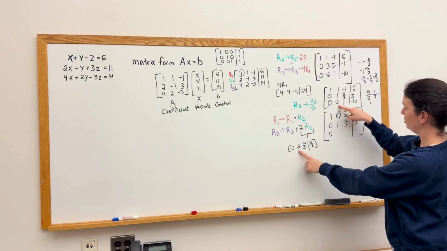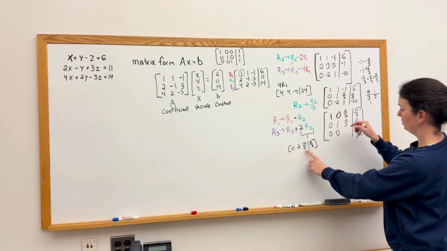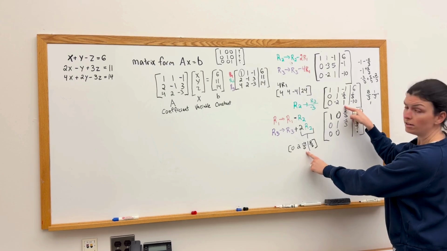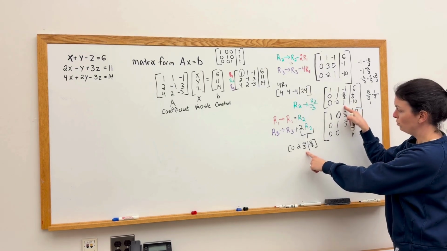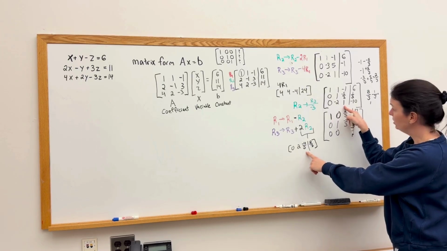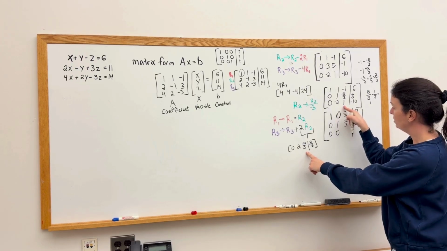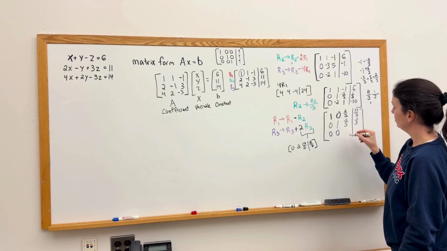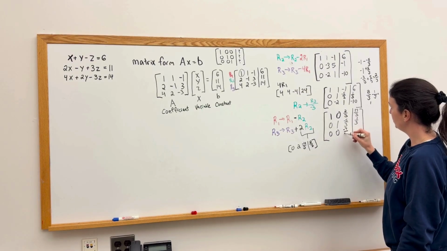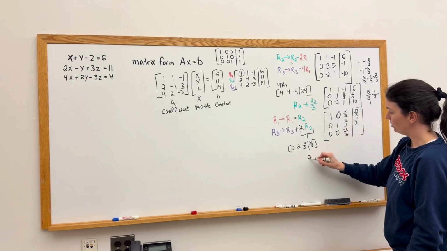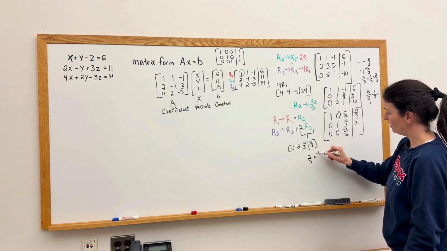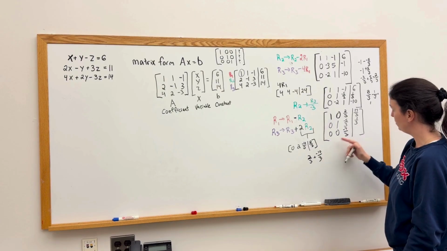Negative 2 plus 2 is 0. 1 plus negative 10/3 is negative 7/3, should be? Because 3 over 3 plus negative 10 over 3, yeah, negative 7/3.